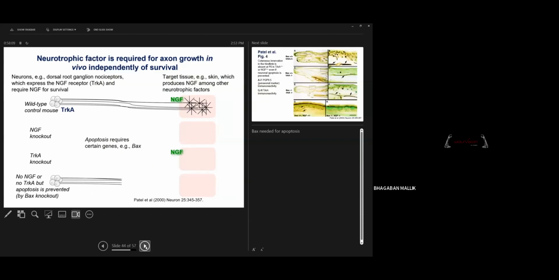Okay, one would expect that you will have neuronal growth, but here you do not see it, because here you are assuming that you have expression of BAX, that's why you have apoptosis and you do not have neuronal growth. But here you have knocked out everything. In this situation, one would assume that you will have neuronal growth. But here you are not seeing that, so we suggest that this NGF and its receptor, the tyrosine kinase A receptor, are required for axonal growth, independent of survival of the cells.